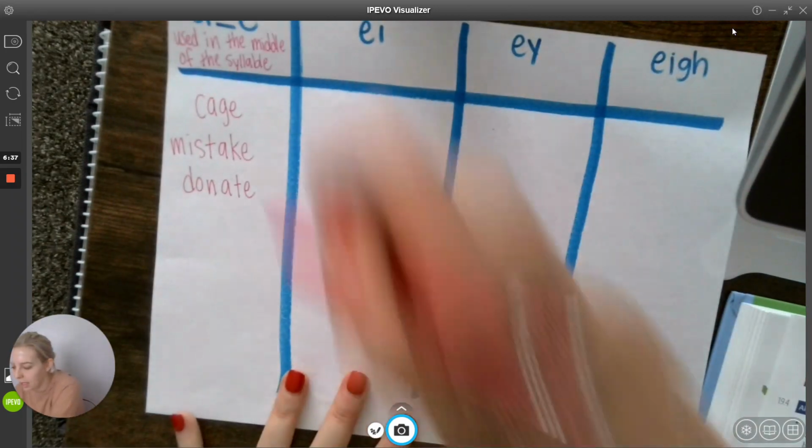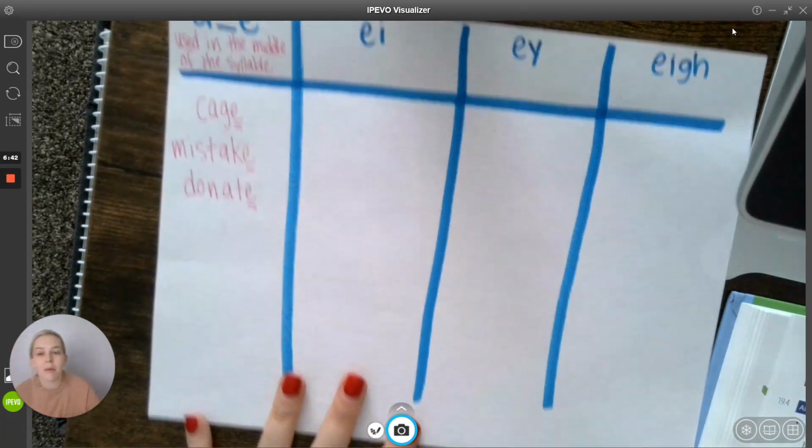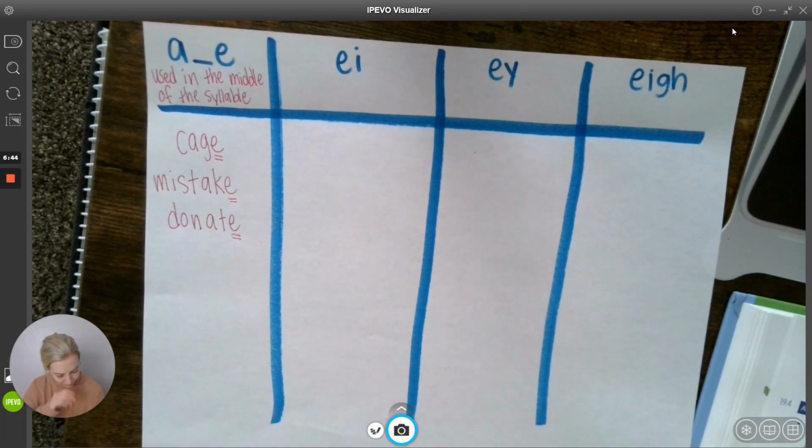Awesome. And let's double underline silent final E in those so we can remember that it uses those.